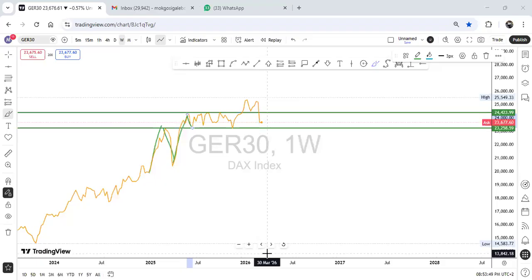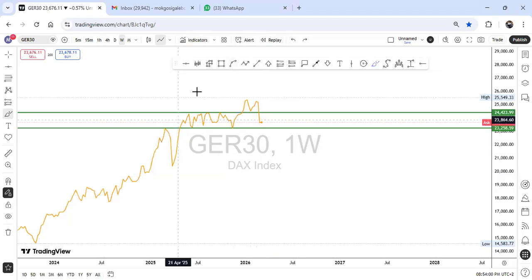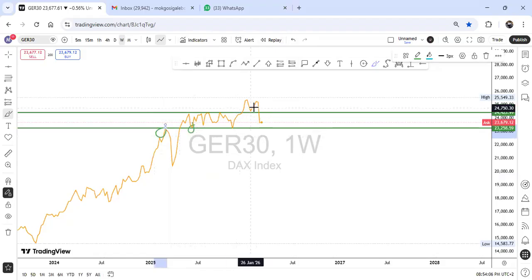Okay, let's continue. My concept I was saying is the market always respects the previous level, and each and everything happens with a reason. So currently right now, the reason why the price respected here is because of this previous level. They were forced to come back to that level.